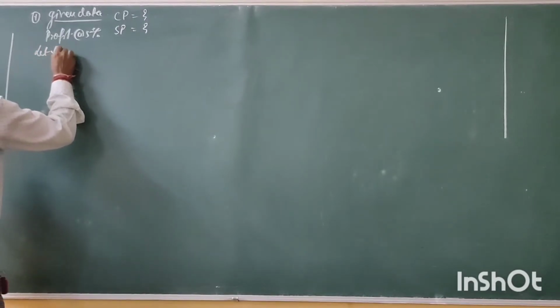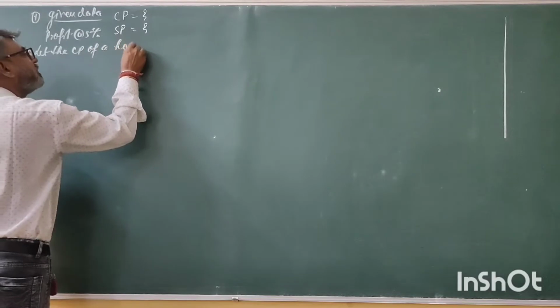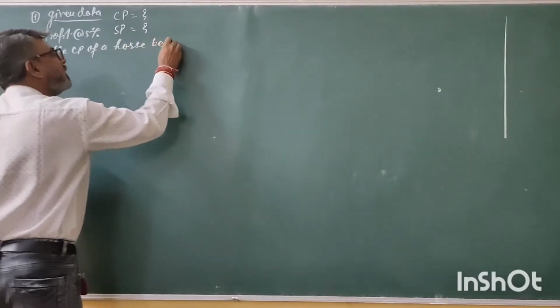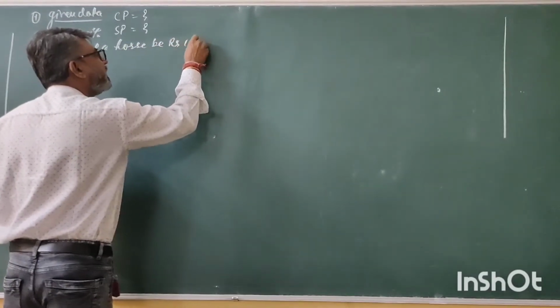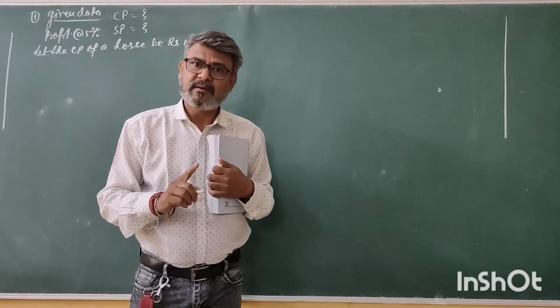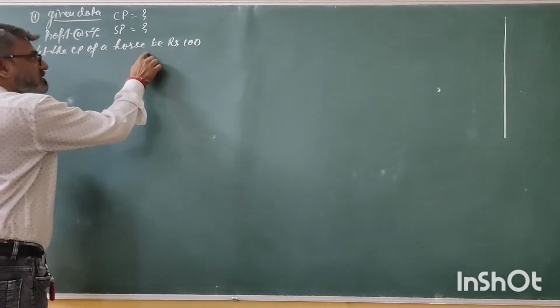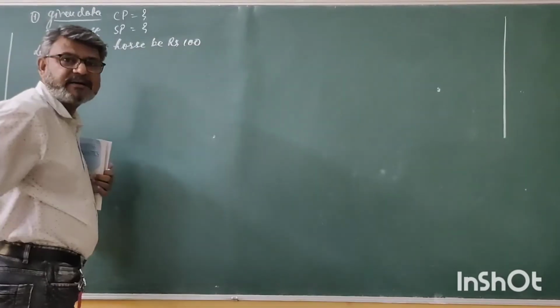Let the CP of a horse be ₹100. आप इसको x एज्यूम करके भी बना सकते हैं. Okay, let the CP of a horse be ₹100.